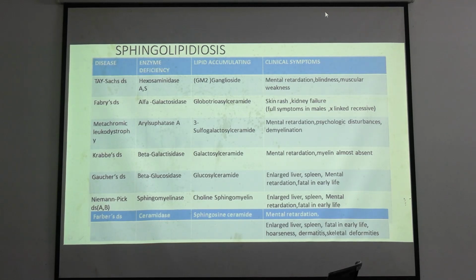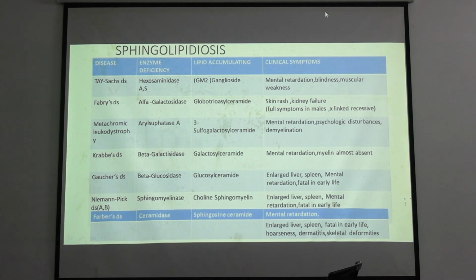Fabry's disease is due to alpha-galactosidase deficiency. The lipid accumulating is globotriaosylceramide. Clinical symptoms are skin rash and kidney failure, full symptoms are seen in males, and it is X-linked recessive.